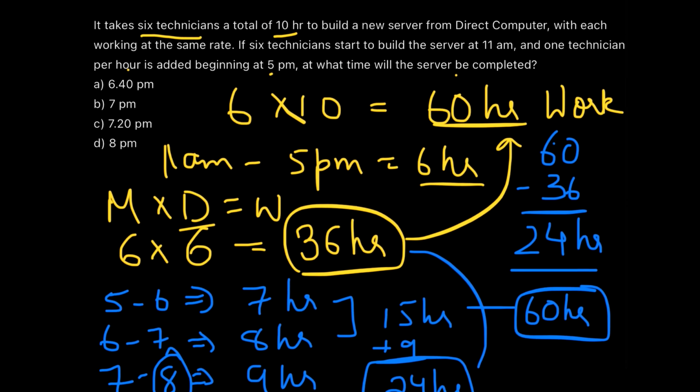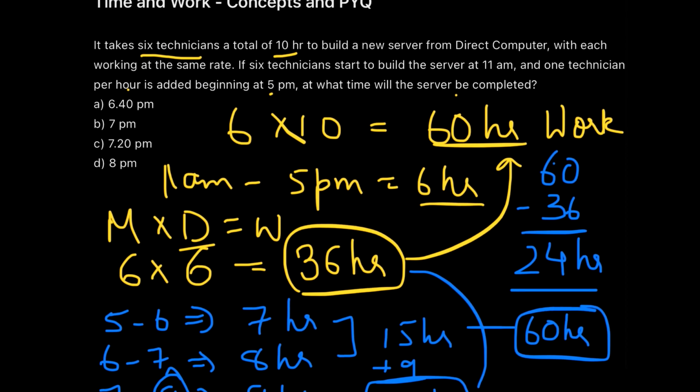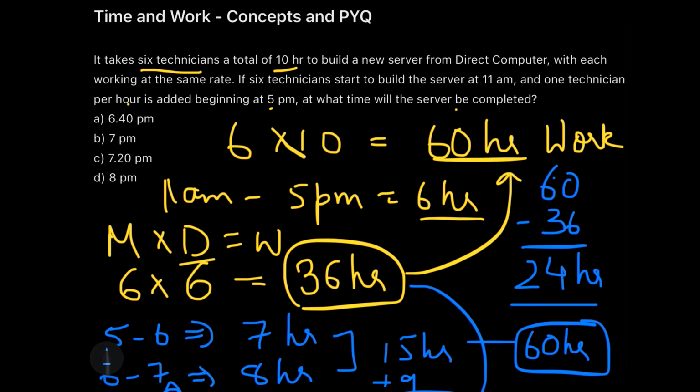And if I go back and check my options, then option D will be my correct answer, because till 5 p.m. 6 people were working, and after every hour new people were added. So every hour I was just adding one extra person, like 7, 8, 9, and I consequently got my total work of 60 hours done.